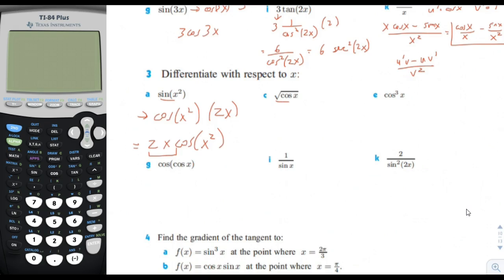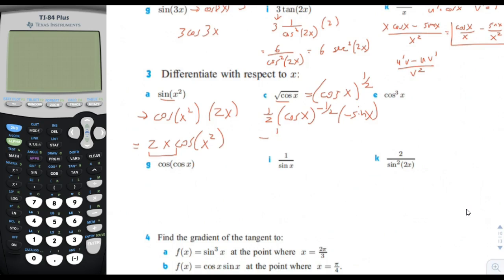Now here we have square root on the outside and cosine on the inside. So this is a function inside of a function. The outside function is, this is the same thing as cosine of x to the 1/2. So first we're going to use the power rule. 1/2 cosine of x to the negative 1/2, and then we use the chain rule and multiply times the derivative of the inside function.